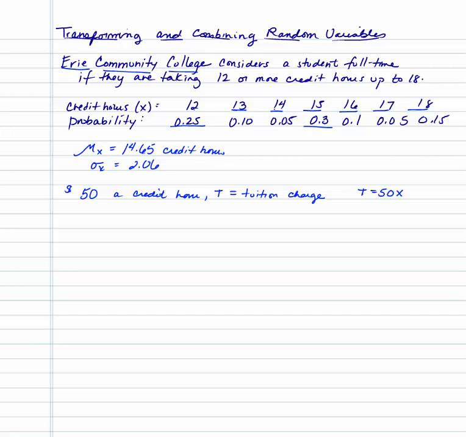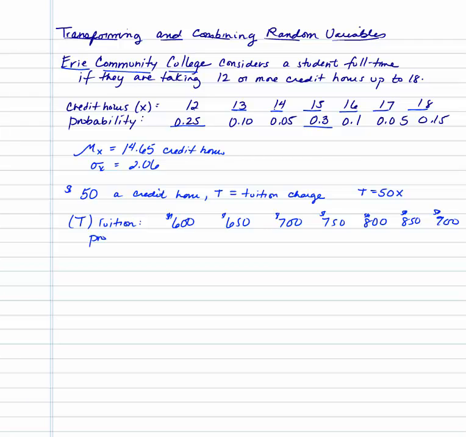Our table would look very similar, but for 12 credit hours, now we're thinking of T, the payment that would be charged. 12 times 50 is $600. 13 would be $650, $700, $750, $800, $850, and $900, all the way up to 18 credit hours.